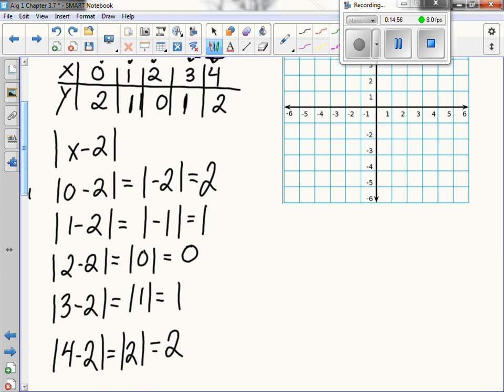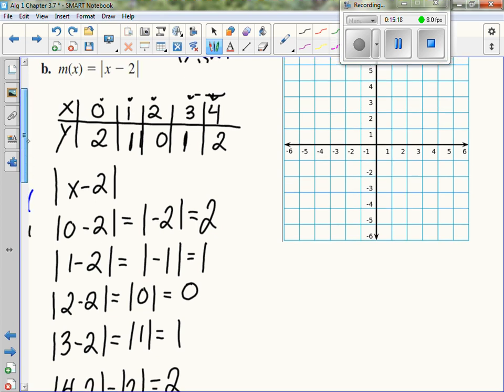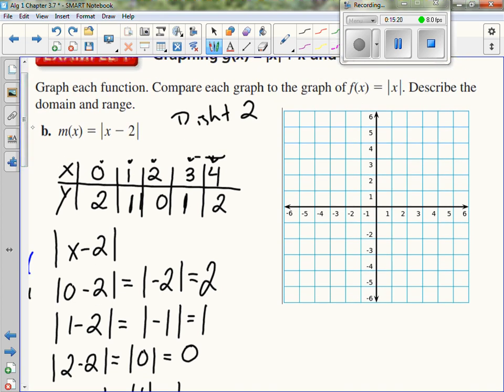Give you all a second to write those down. We good with this here? We've got these points written down? Yes? Okay, so now we can come back up here to the graph and plot these. So 0, 2. I wouldn't go anywhere on the x.